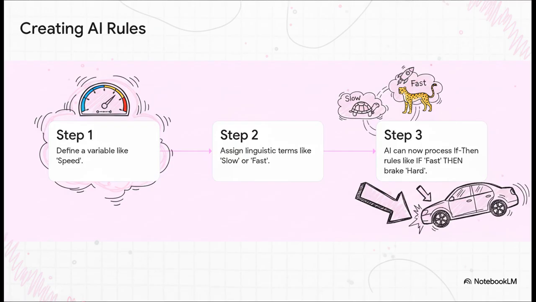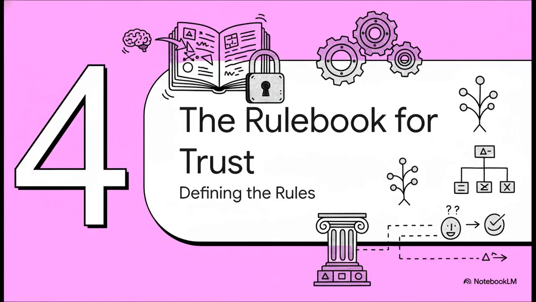Look at how this works. First, you define a variable, let's say speed. Then you give it those human-friendly terms like slow, average, or fast. And just like that, the AI can suddenly understand these incredibly intuitive rules, like if the speed is fast, then apply the brakes hard. That's a rule we can all understand instantly, which makes the AI's logic so much more plausible to us.